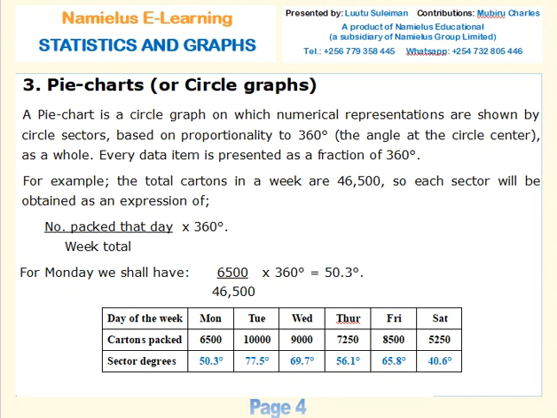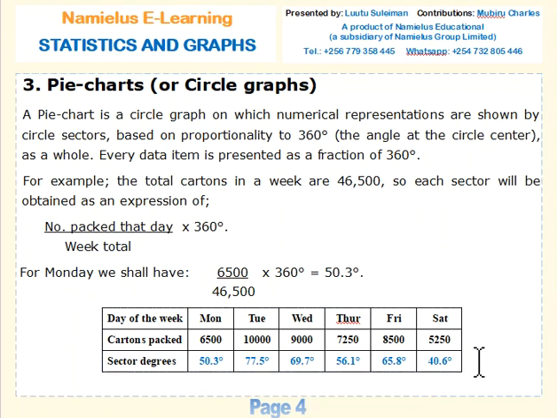And then when we compute all the sectors on a daily basis, we shall have 50.3 degrees for Monday, and then 77.5 degrees for Tuesday, 69.7 degrees for Wednesday, and then 56.1 degrees for Thursday, 65.8 degrees for Friday, and 40.6 degrees for Saturday.